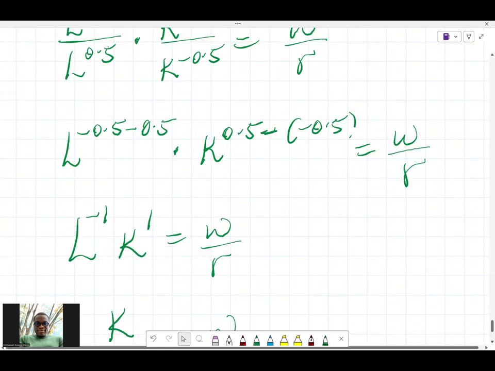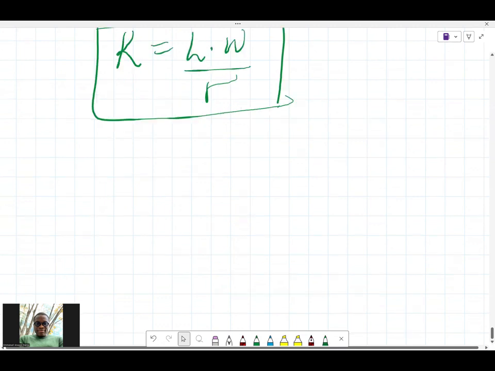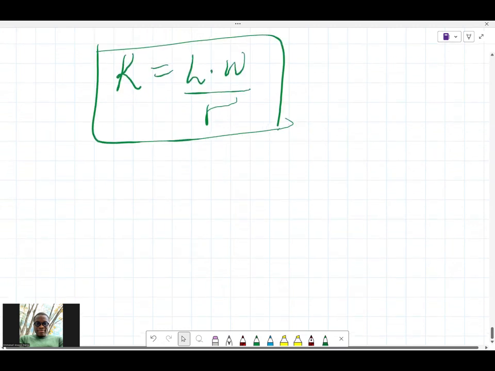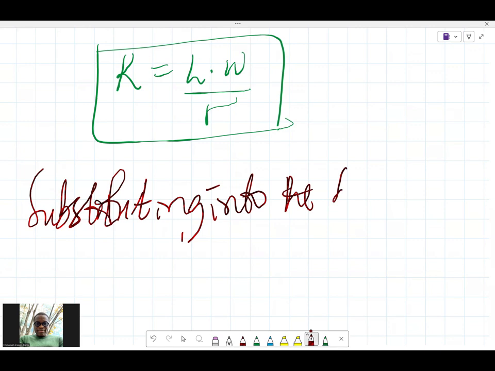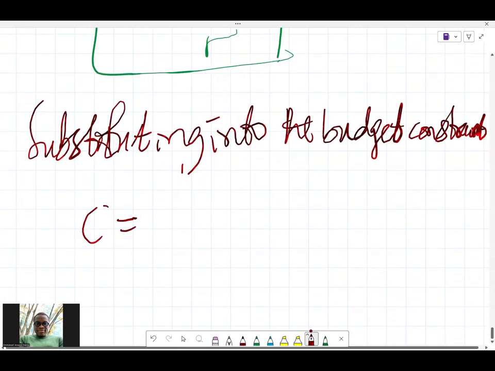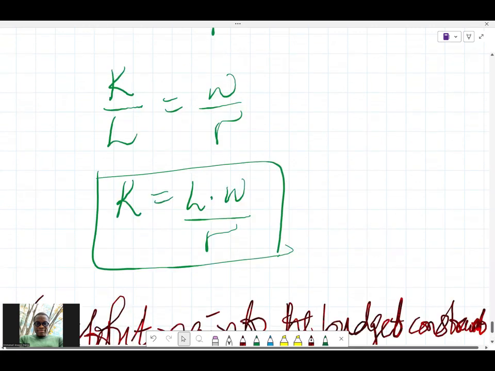We are solving for K and L. So we have got K with respect to L, and we can go further. We can substitute into the constraint. It's more like the constraint ends up coming up as a tiebreaker. So substituting into the budget constraint, we see that C is equal to WL plus RK, from what we have from the budget constraint.